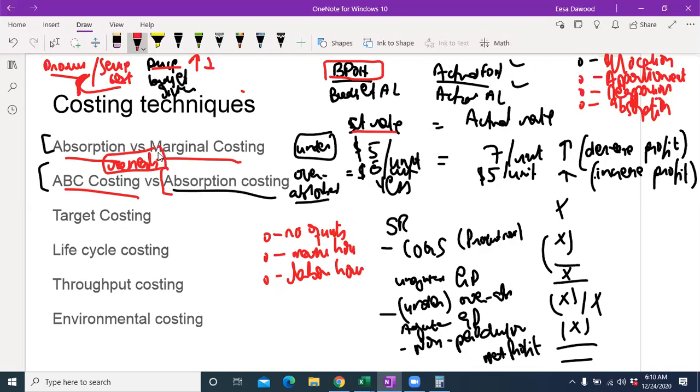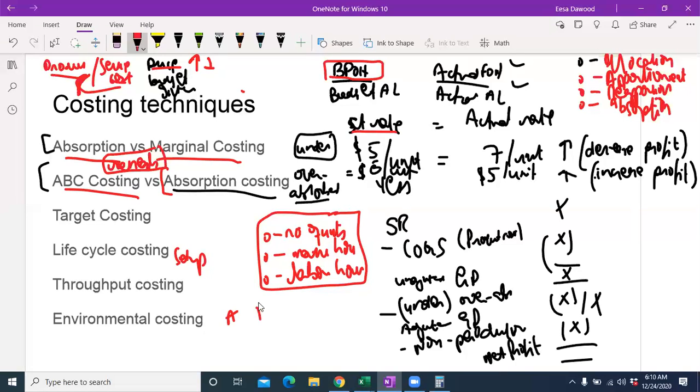For example, in a machine based environment, there are costs like designing cost, engineering cost, setup cost. So absorbing cost on an arbitrary basis was creating problems in setting price, and problems in determining whether we earned profit or not. So from a performance perspective, we were having problems. In order to address those problems, there's another method which absorbs the overhead cost based upon the activity each product is consuming.